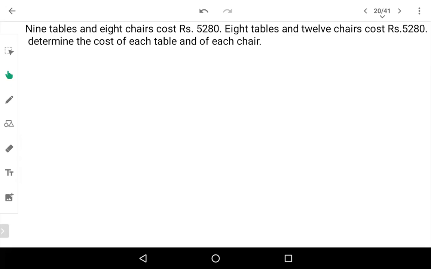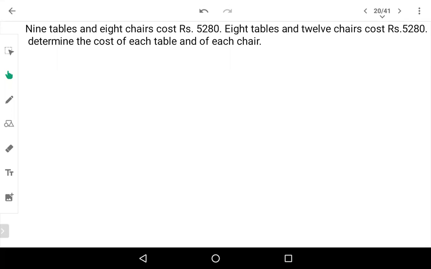Say, for example, you don't stop at this place: 9 tables and 8 chairs cost rupees 5280, 8 tables and 12 chairs. Now we are confused whether this 5280 is for the first part of the question or the second part. So that is why you are supposed to read the question properly.